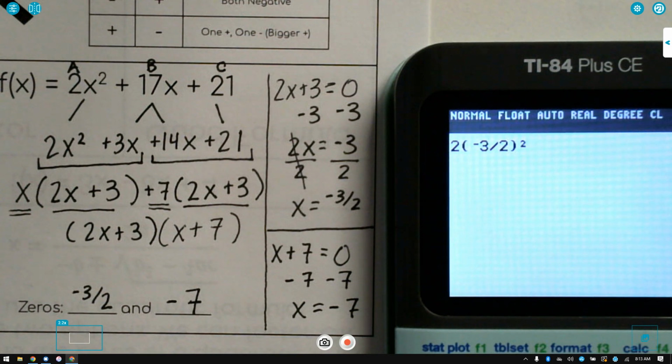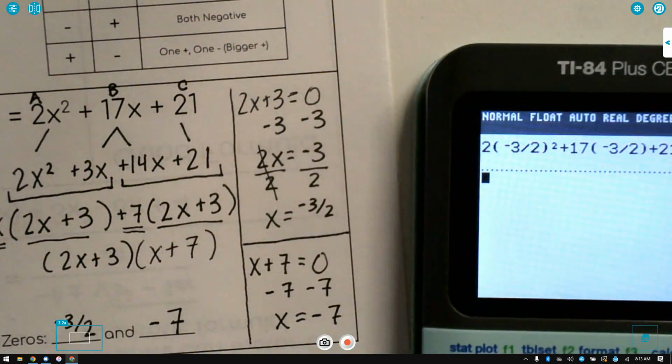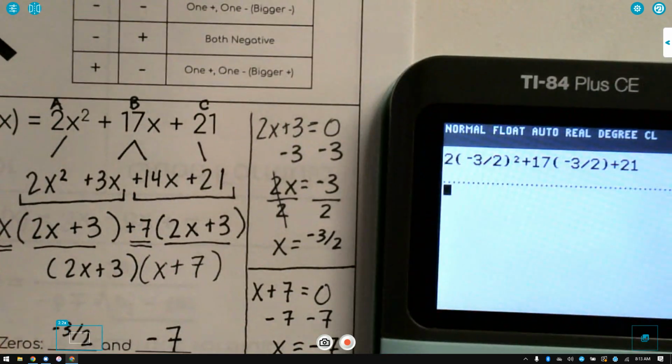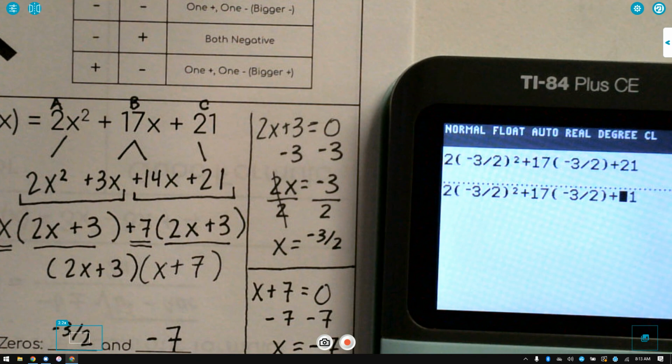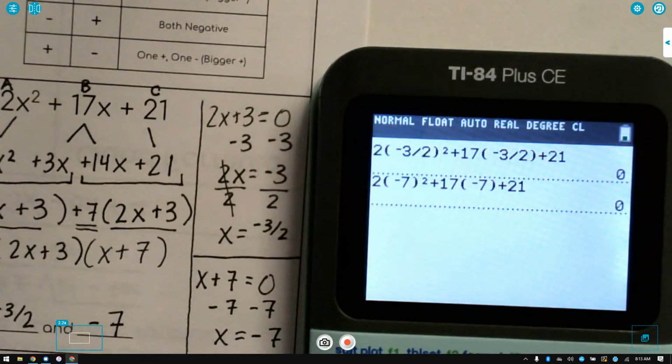So 2 times negative 3/2 squared plus 17 times negative 3/2 plus 21, I got 0. I can do the same thing, plug in a negative 7. I also get 0. So those are the two numbers that we can plug in for x to get 0.